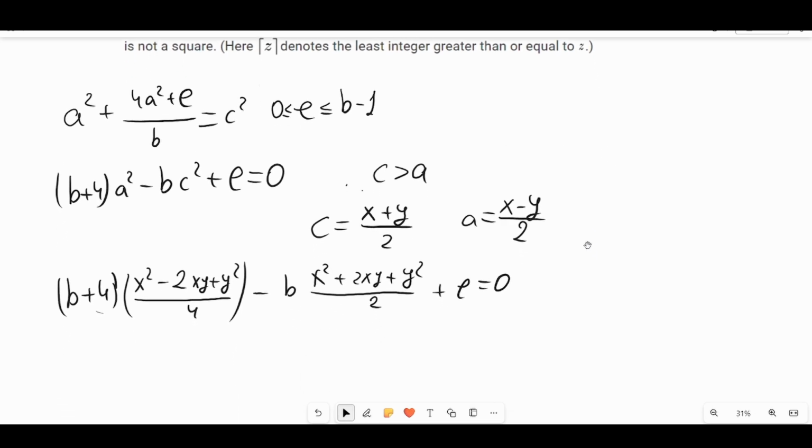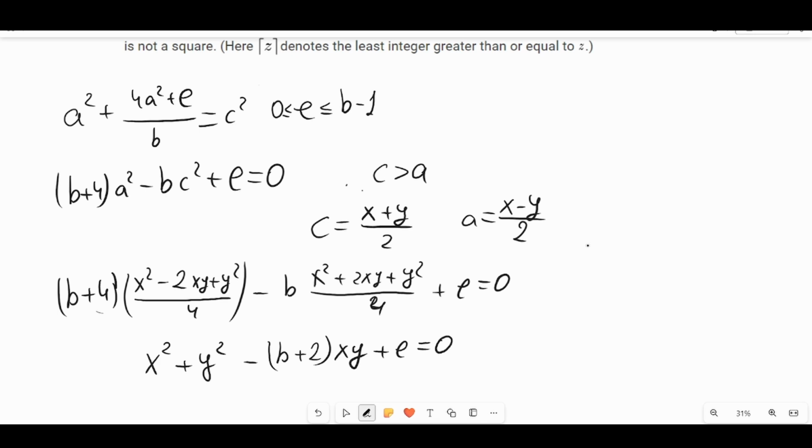Now if we eliminate the common terms, we get x squared, because we have b plus 4x squared and minus bx squared, plus y squared, and we have 2xy in both of these terms with negative values, so we get minus (b plus 2) times xy, plus e equals 0.